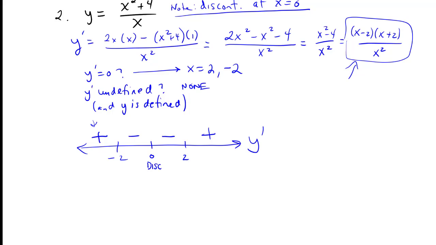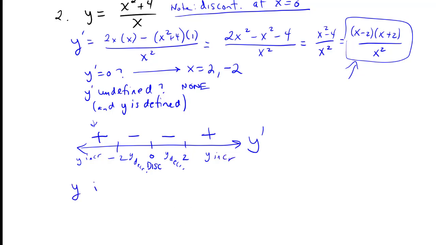And this is going to tell me what y in this case is doing on these intervals. So if it's positive, that means y is increasing, negative y is decreasing, negative y is decreasing, and here y is increasing.